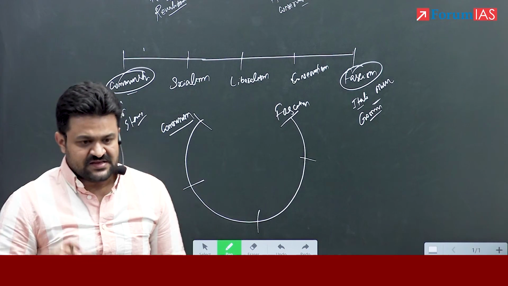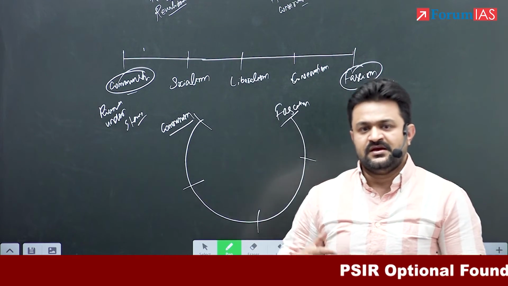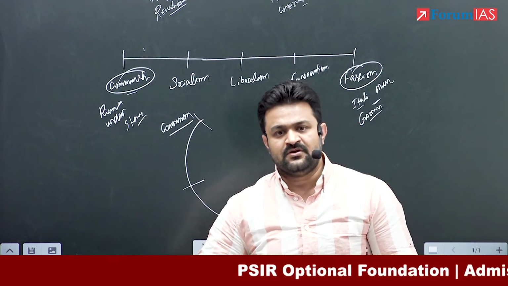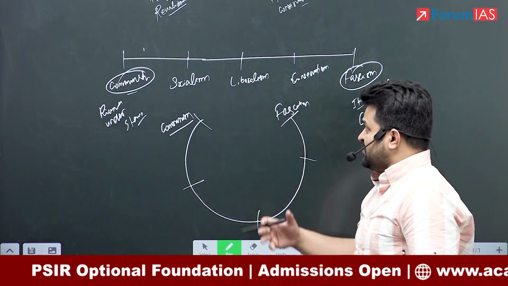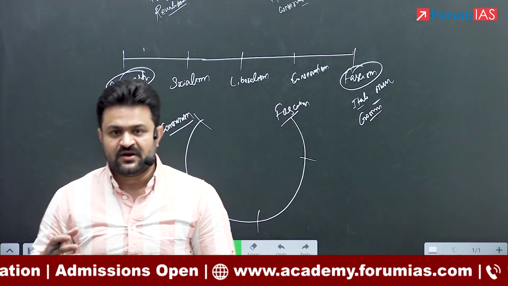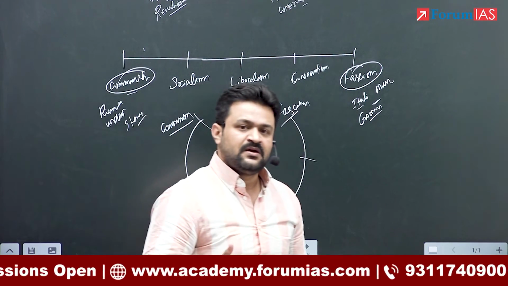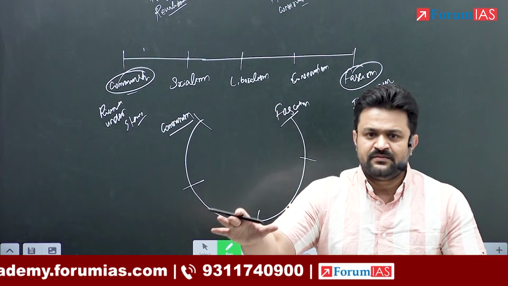Lastly, what you should remember is that leftist political ideologies are more in favor of equality, internationalism, fraternity, reform, change, while rightist ideologies are more in favor of tradition, order, authority, hierarchy, and nationalism. That is the only learning.